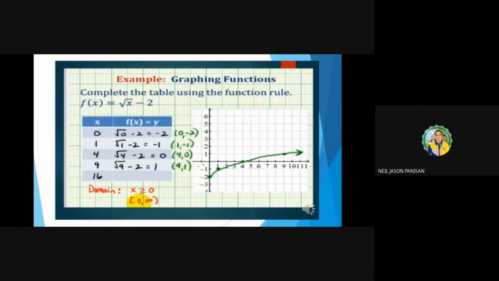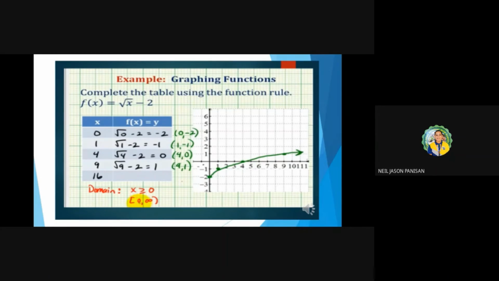Then if our second point is positive 1 and negative 1, we simply count one count from the 0 going to the right, which is 1 as our x value. Then going below, which is negative 1. That is our second point.